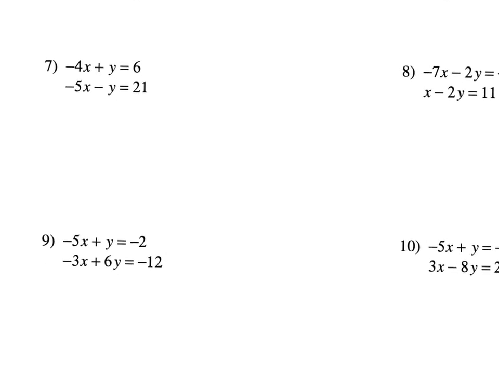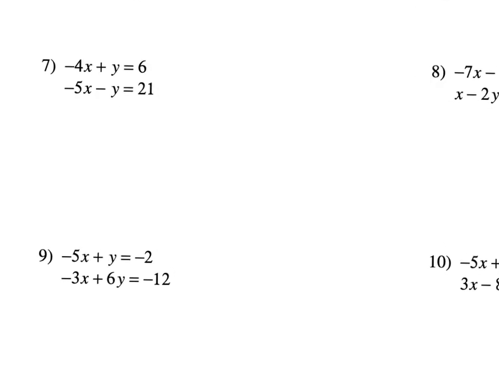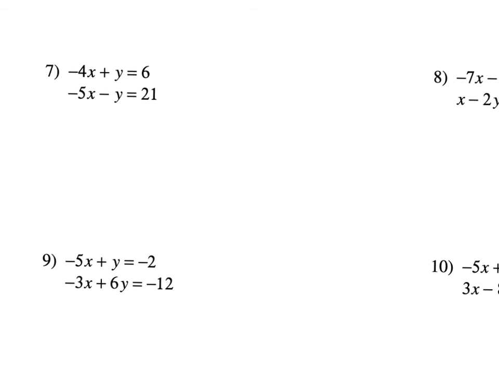Number 7 is a little bit tougher. The reason number 7 is tougher is because I can't substitute into either problem right now because it doesn't say y equals this number or this expression. It also does not say that x equals this expression or this number. So what we do is a simple process. Let's take that first equation.